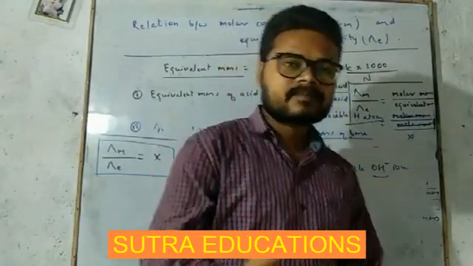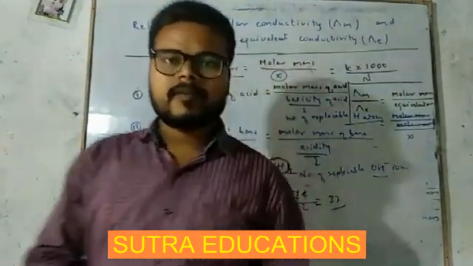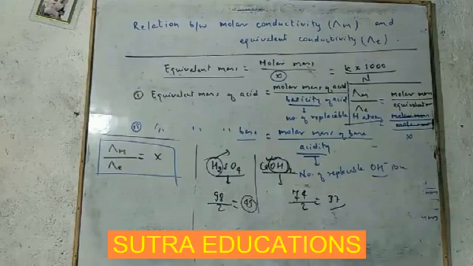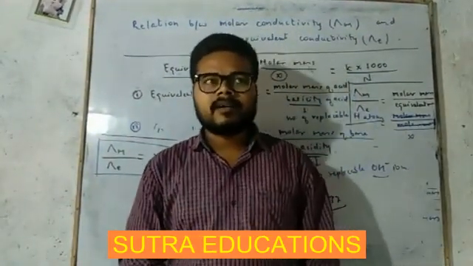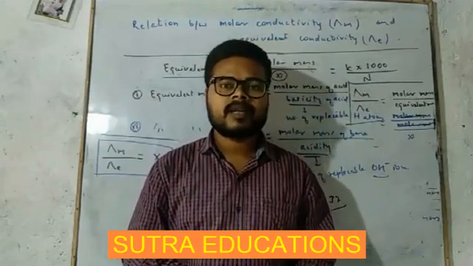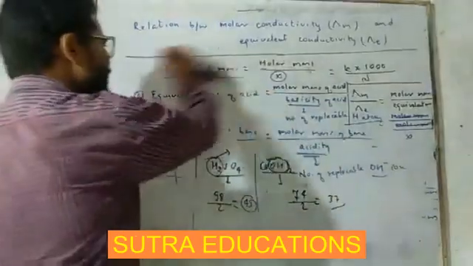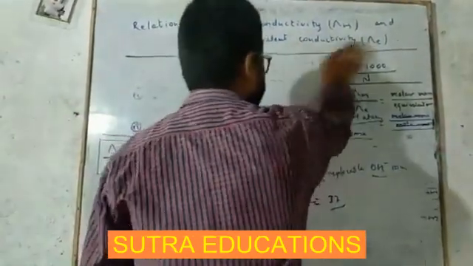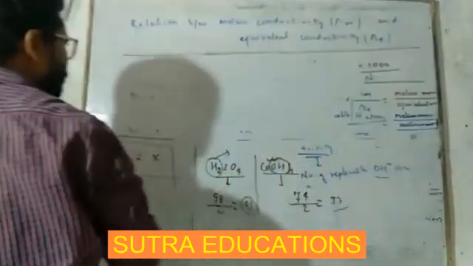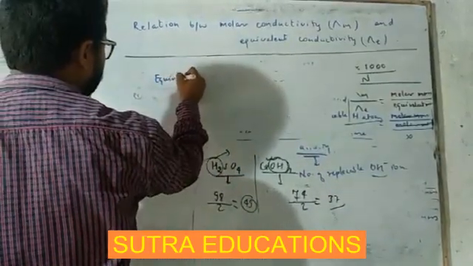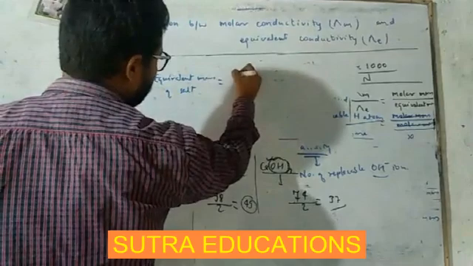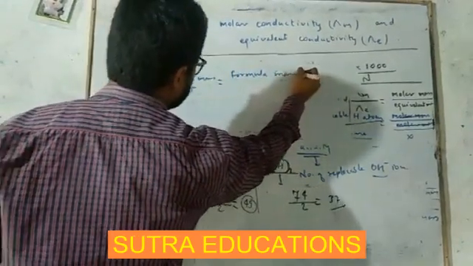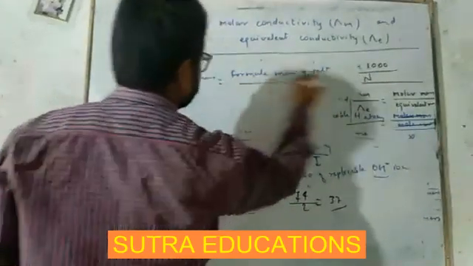If it is a salt, the equivalent mass of the salt is the formula mass of the salt upon the charge on the cation.